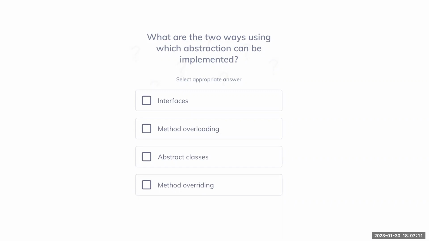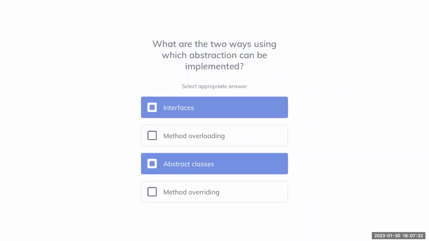The one which I haven't discussed, but I just mentioned, these are the two ways that we can achieve abstraction. Yes, that's correct. I'm going to tell about interfaces. That's for sure. I don't have any PPT prepared for that, but I'll tell you.